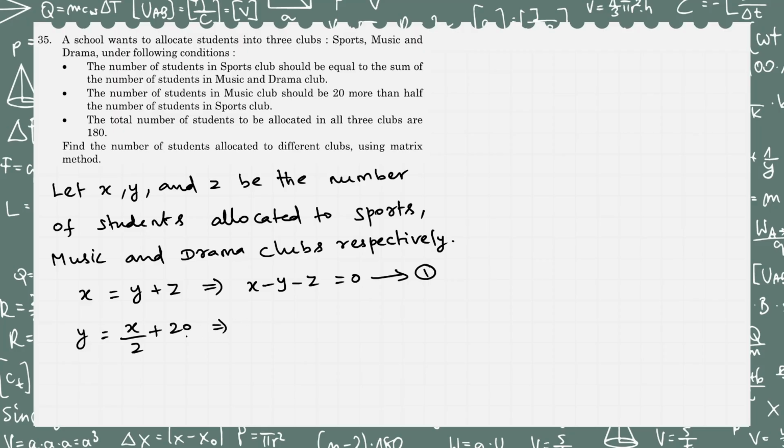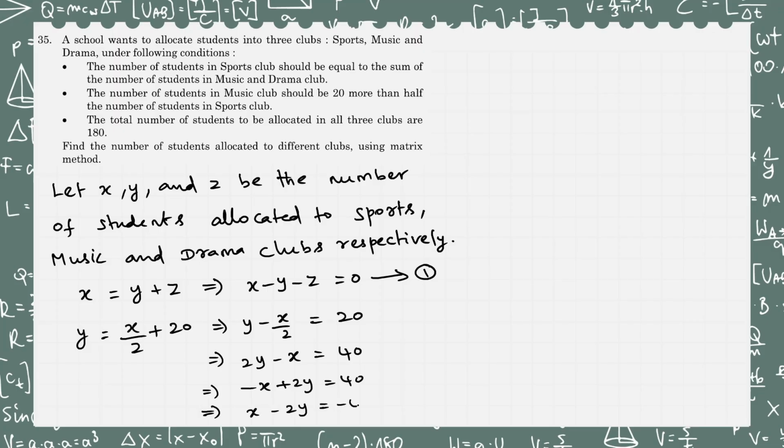We have to rewrite this also: y minus x by 2 equal to 20. We can multiply by 2 throughout, so we get 2y minus x equal to 40, or minus x plus 2y equal to 40. We can multiply throughout with a negative sign so that we get x minus 2y equal to minus 40. And this is our second equation.